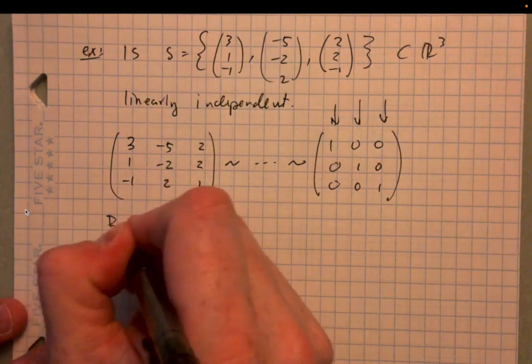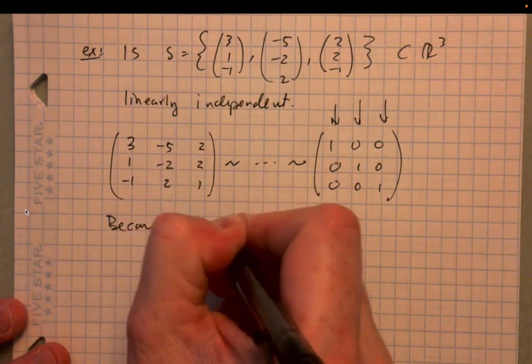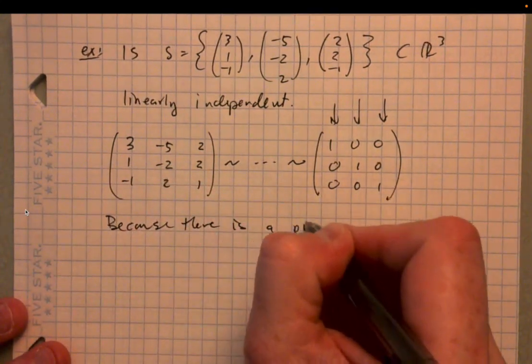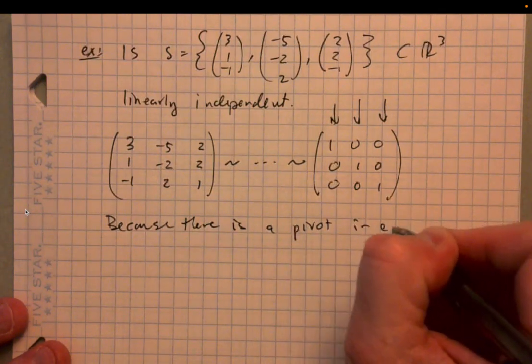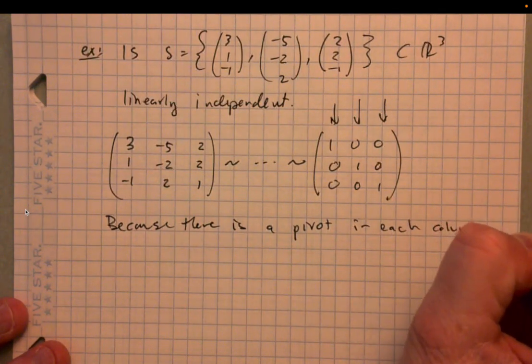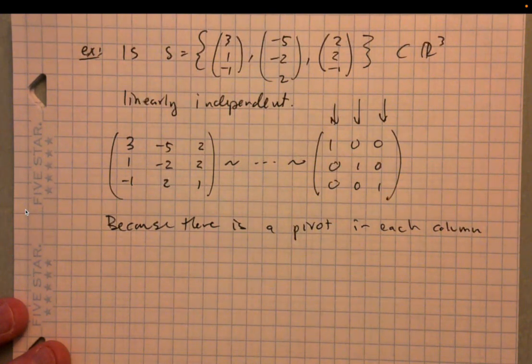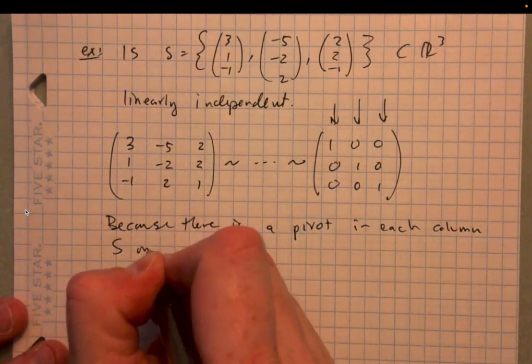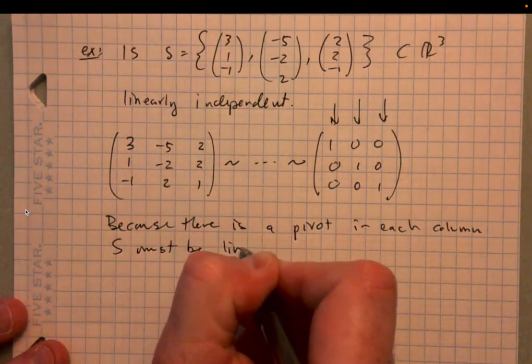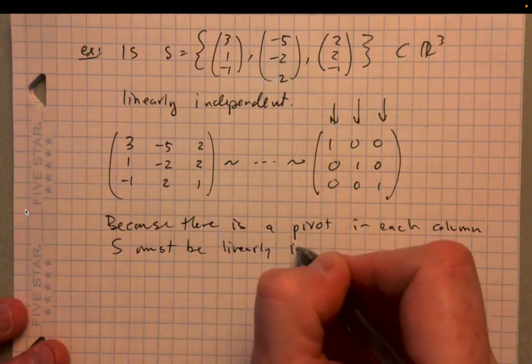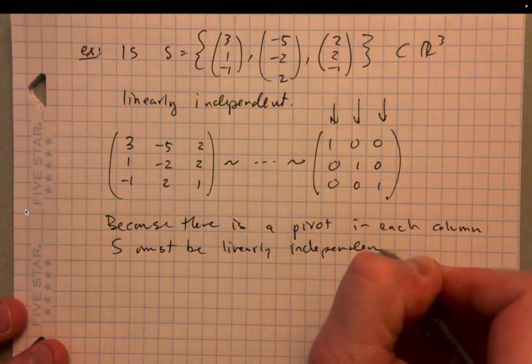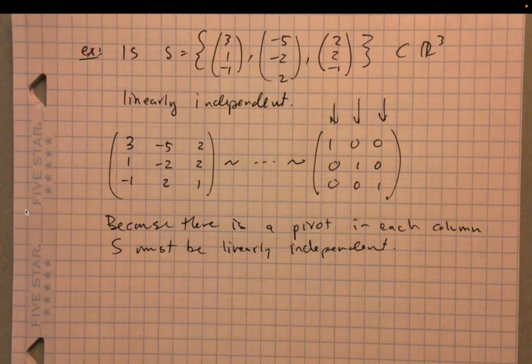So because there is a pivot in each column, S must be linearly independent. Perfect.